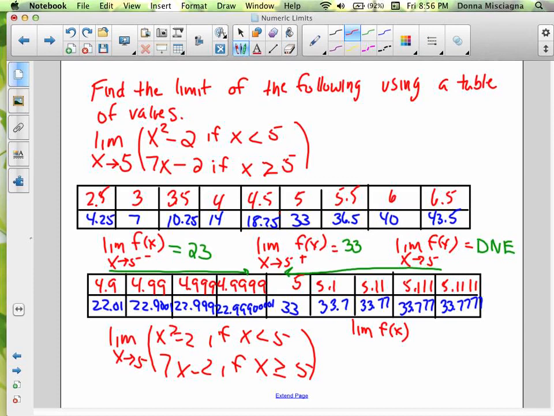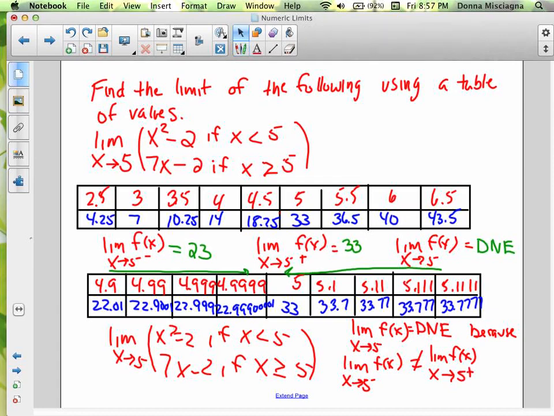So the limit of f of x as x approaches 5 does not exist because the limit of f of x as x approaches 5 from the left does not equal the limit of f of x as x approaches 5 from the right.